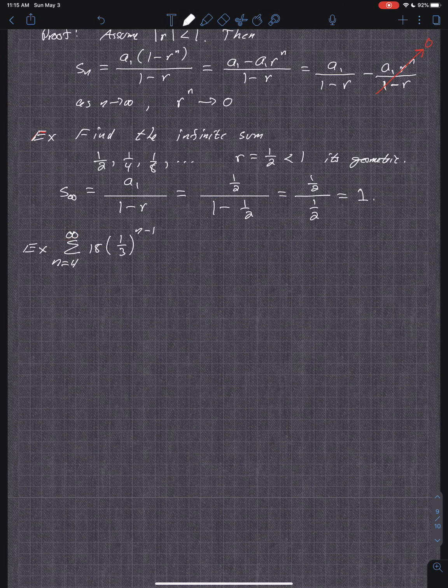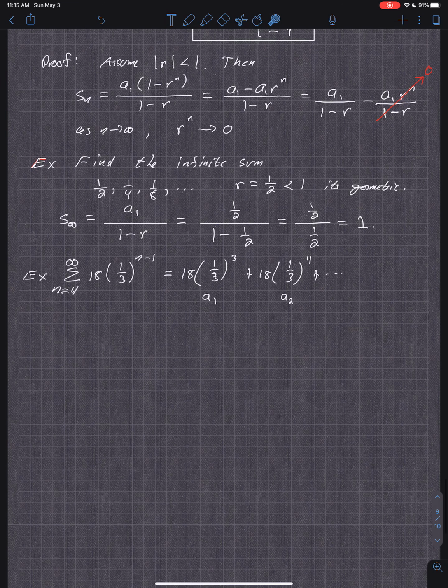So what you want to do maybe is write out the terms of the sequence to figure out what that is. So it's 18 times 1/3 to the, well, you're starting at 4, so this is 3. And then plus 18 times 1/3 to the 4th, etc. You need to know the common ratio for your formula.